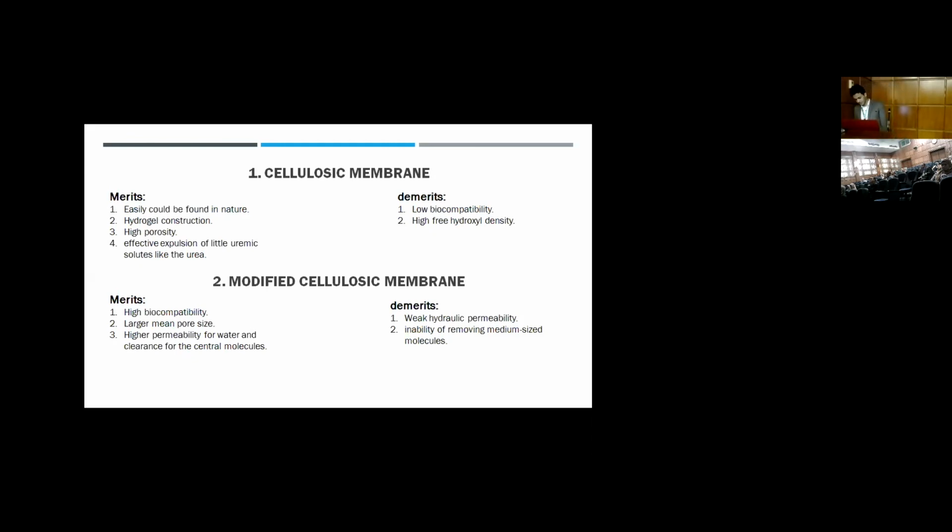After that, in the meantime, researchers are focusing on reducing the usage of fresh water in hemodialysis, and also they are focusing on getting rid of the disadvantages of the synthetic membranes.